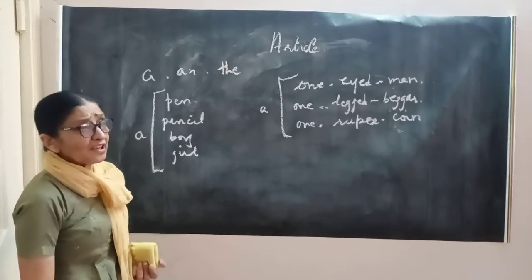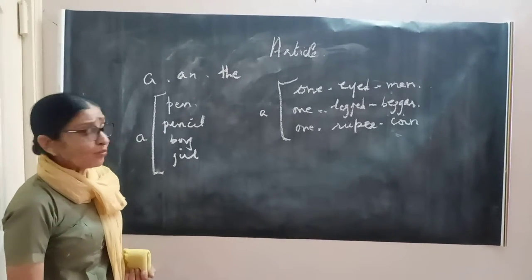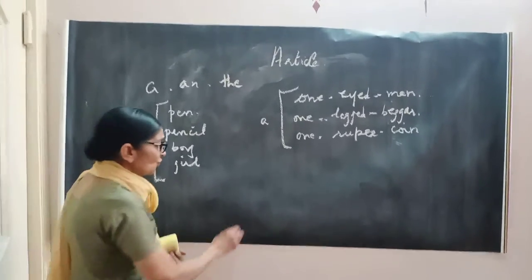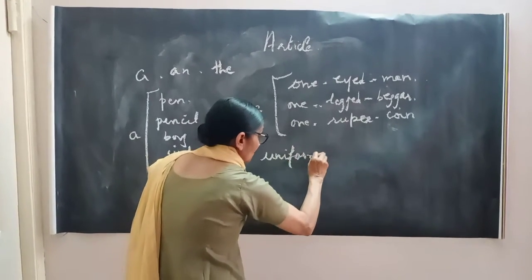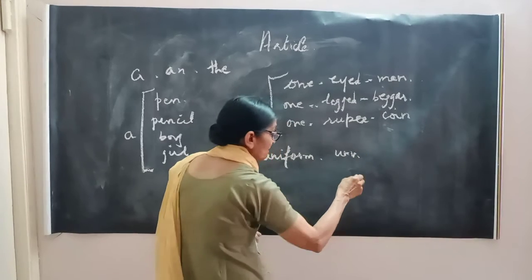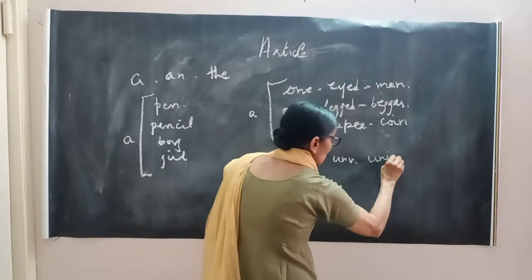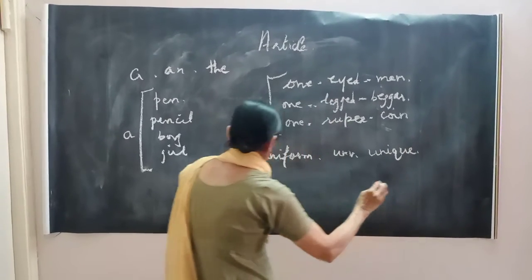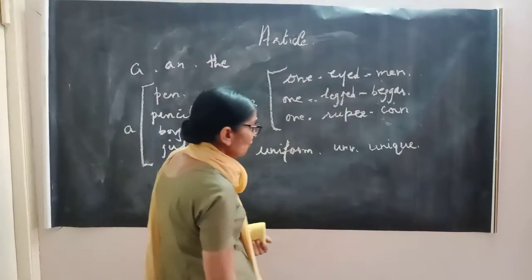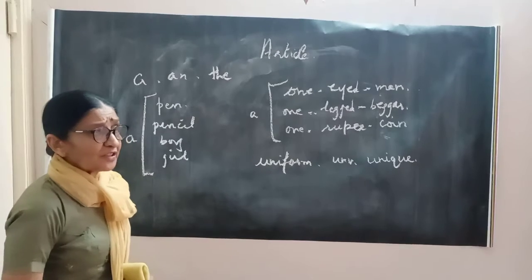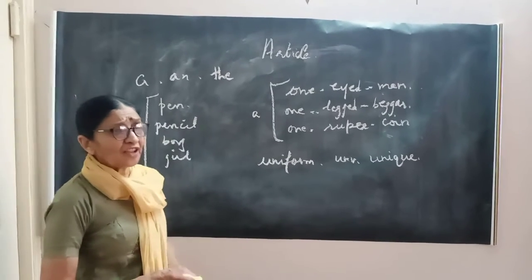The second case is also a vowel, just as uniform, university, unique. These are the words starting with U. I am not going to say what it sounds like. Mainly an is used more.